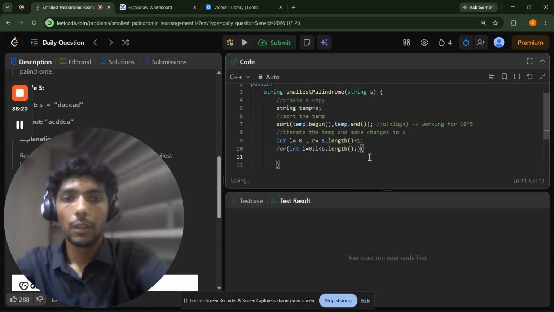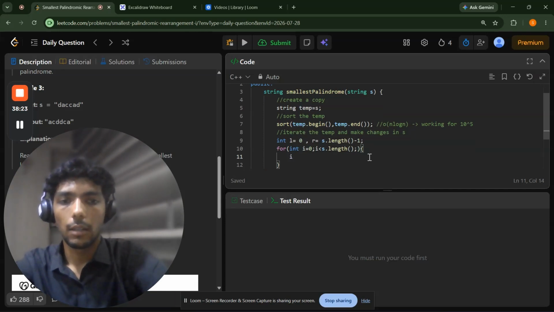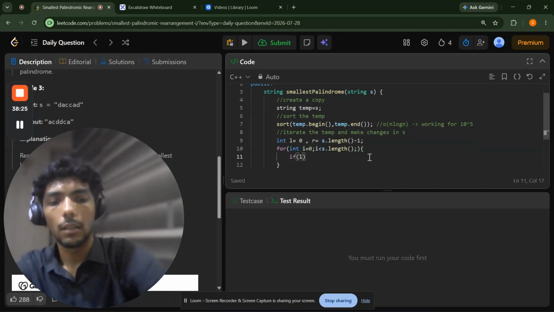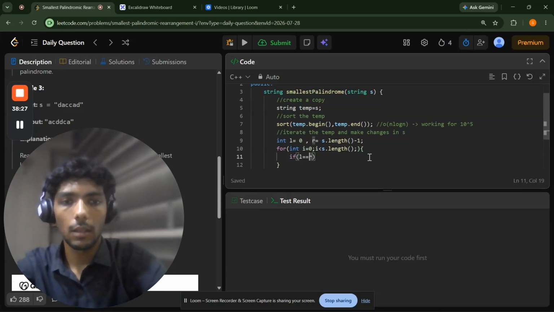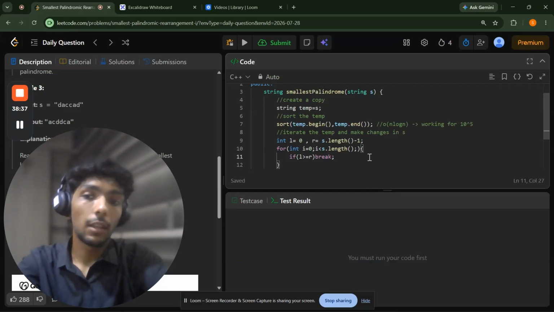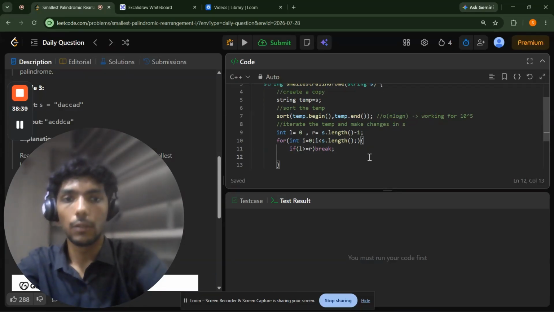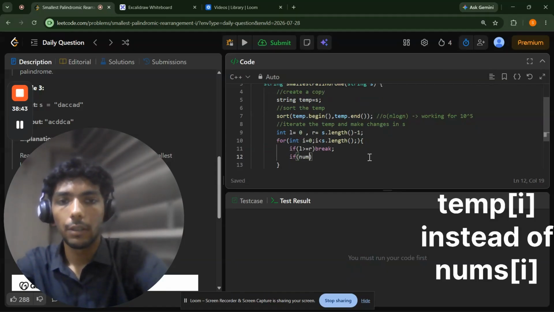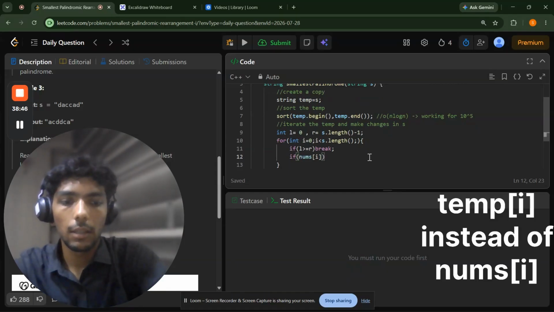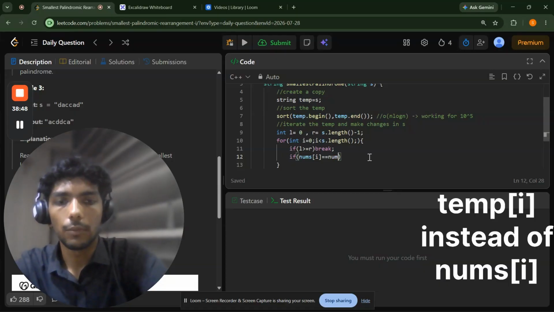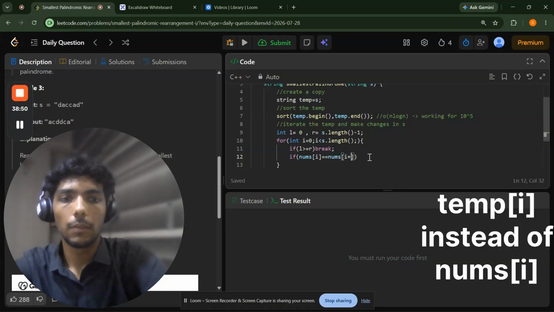Also we need to make sure that if L equals R, we will break, because if L becomes equal to R, it means that we have reached the middle. Now we check if nums of I equals nums of I plus 1.